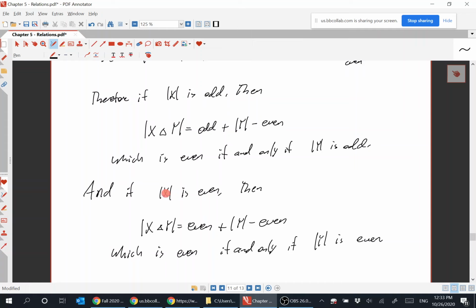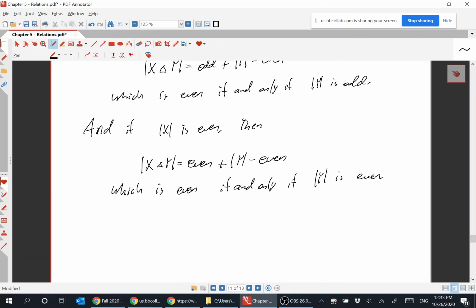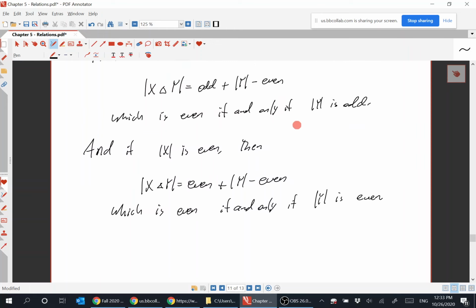And when the order of X is even, it's related to every other subset of even order. So the equivalence classes are just odd and even.